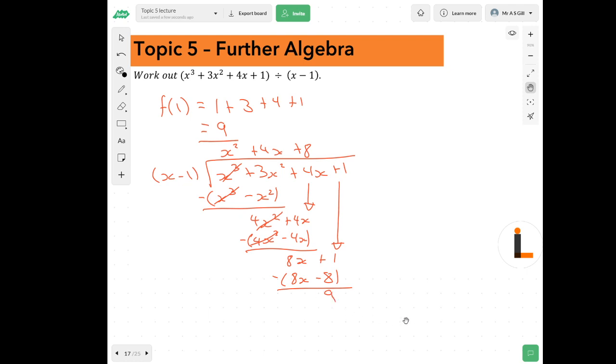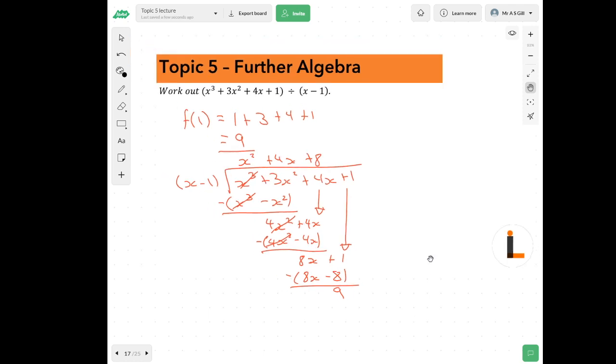So what this means is, we can rewrite f of x as x squared plus 4x plus 8, so this expression we've got at the top here, plus 9 divided by x minus 1, right? Just like we would do for numerical remainders.